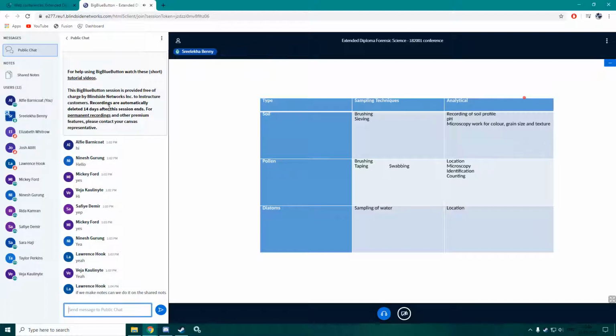So we know the top layer is organic. So that will help in solving crimes. How? Anyone have any idea?